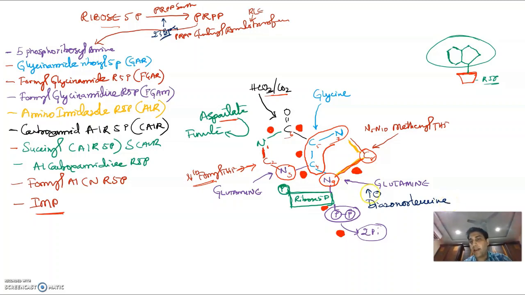So at N9 of glutamine, you have an anti-cancer drug, diazonorleucine, which inhibits the formation of 5-phosphoribosylamine, or the attachment of this N9.